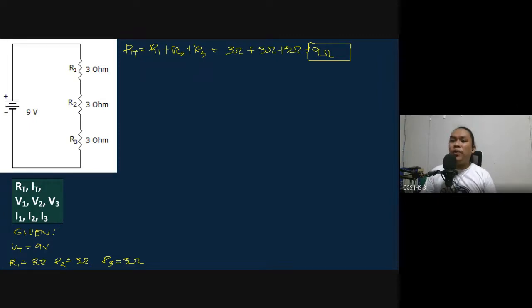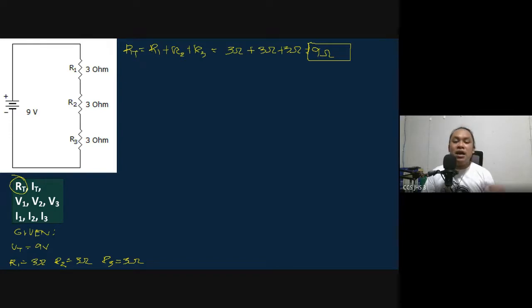Now, we are done with total resistance. Next, what parameter can we solve next? What do you think? We have R sub 1, R sub 2, R sub 3, total voltage, and total resistance as values. What missing parameter can we solve next?